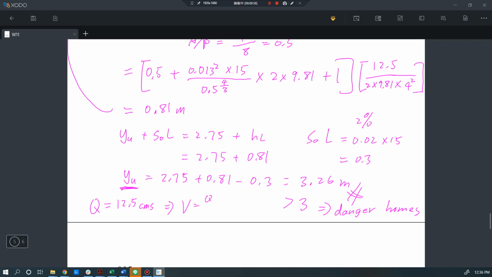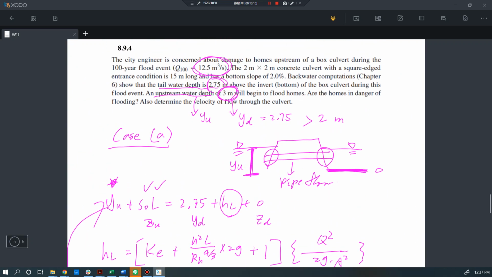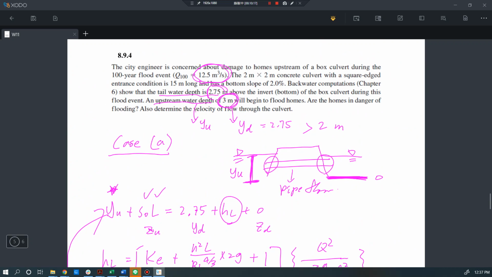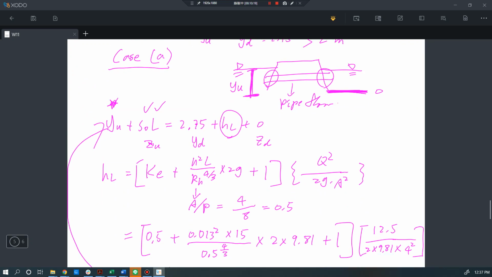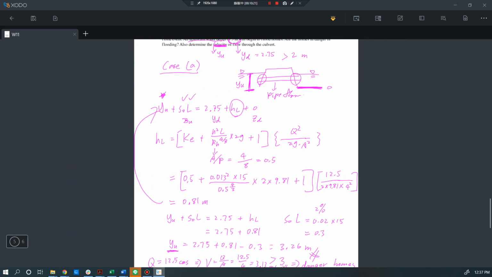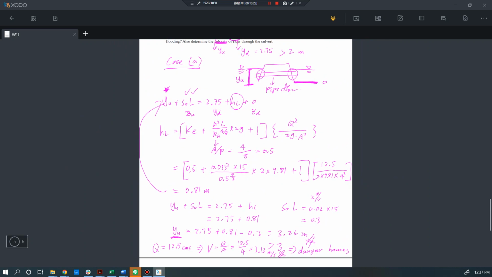That is equal to Q divided by A, that is 12.5 divided by 4, which is equal to 3.13 meters per second. So we also have the velocity that is required by the problem. Let me just stop here for 2 seconds.